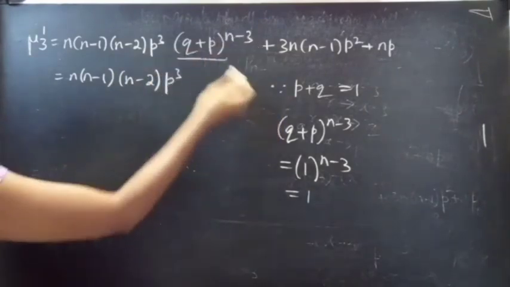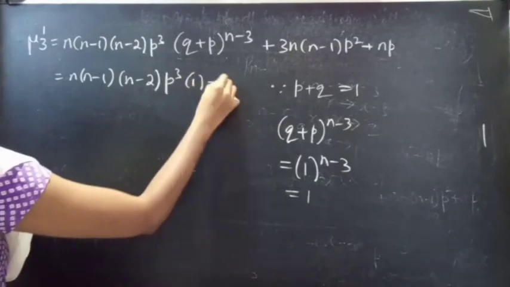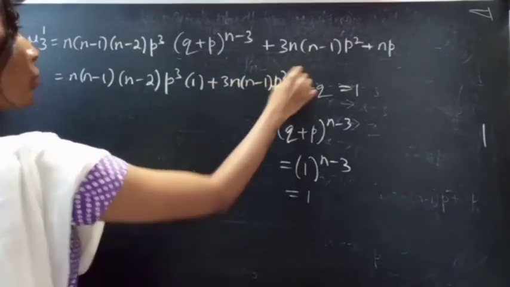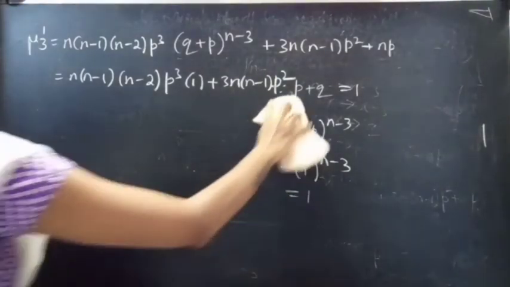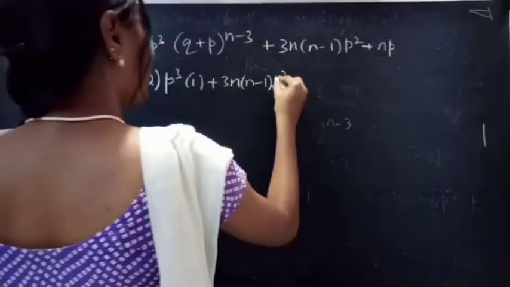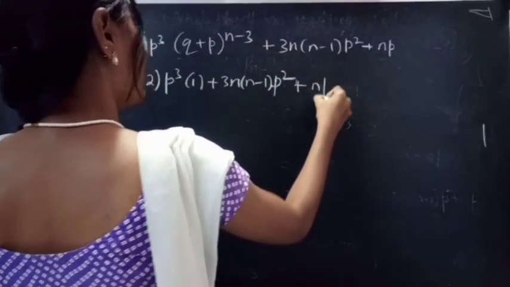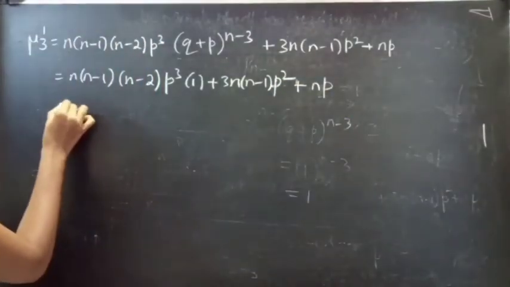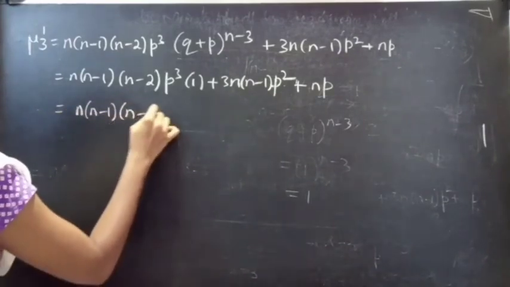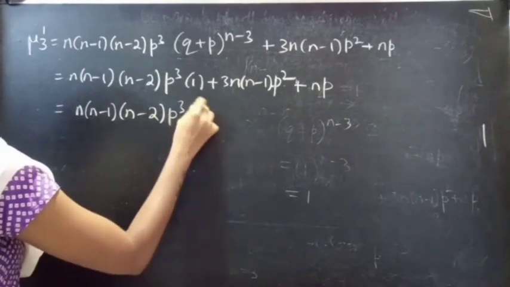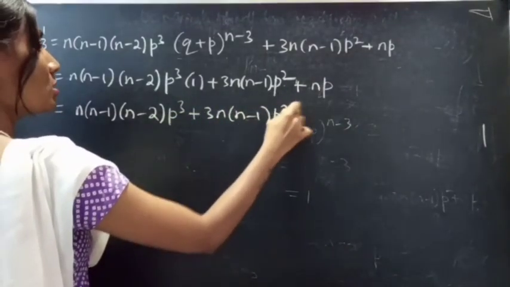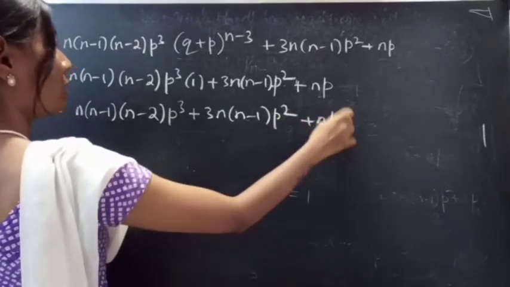This becomes 1, okay, into 1 plus 3n into n minus 1 into p square plus np. So this is equals to n into n minus 1 into n minus 2 into p cube plus 3 into n minus 1 into p square plus np.